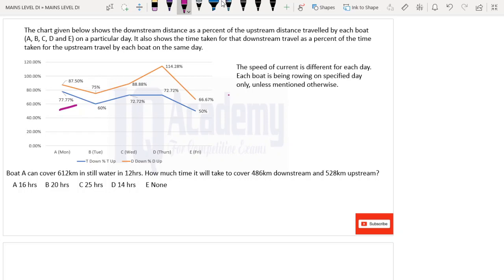So for A on Monday, downstream time is equal to 77.77 percentage of upstream time. The other line indicates the downstream distance as percentage of upstream distance.